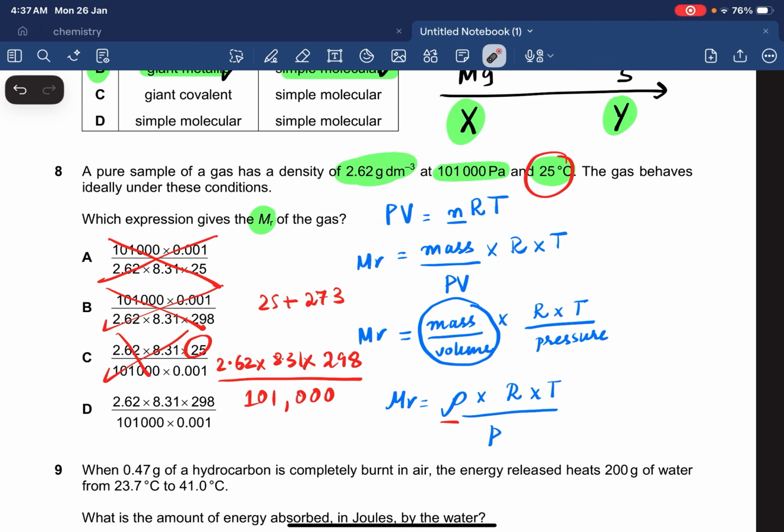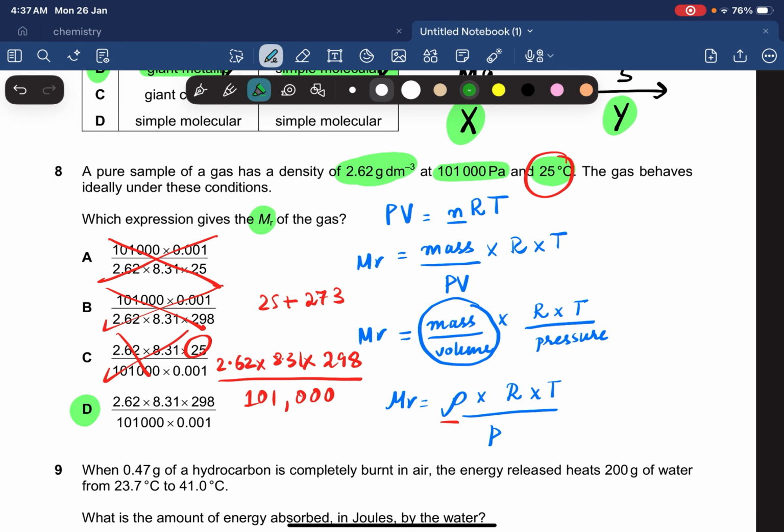Why? Because for density you have to take the volume in meter cube, and so they've divided it by 0.000001. So that's why your option D is the correct one, right?